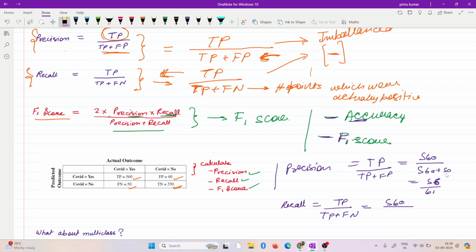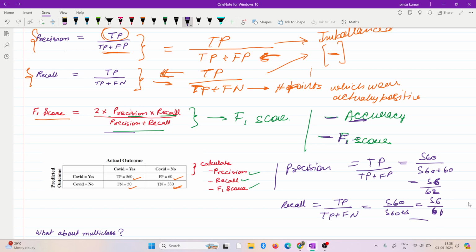This should have been 60 here, so you will get 56 by 62. And for precision you get 560 plus 50, that is 56 by 61. Then you can put these in the formula of F1 score to calculate your F1 score.